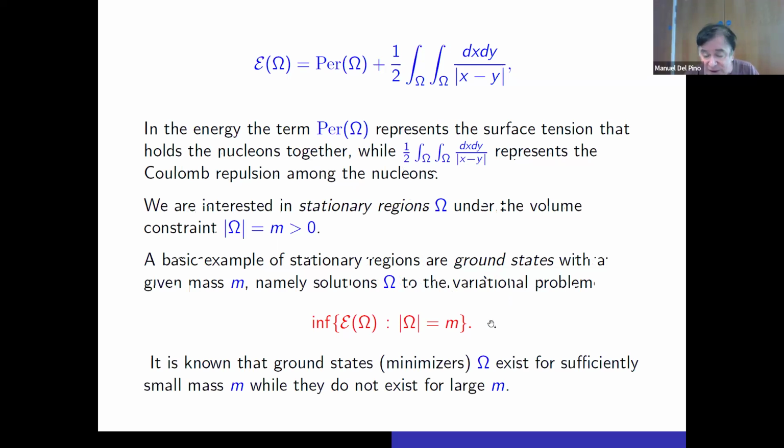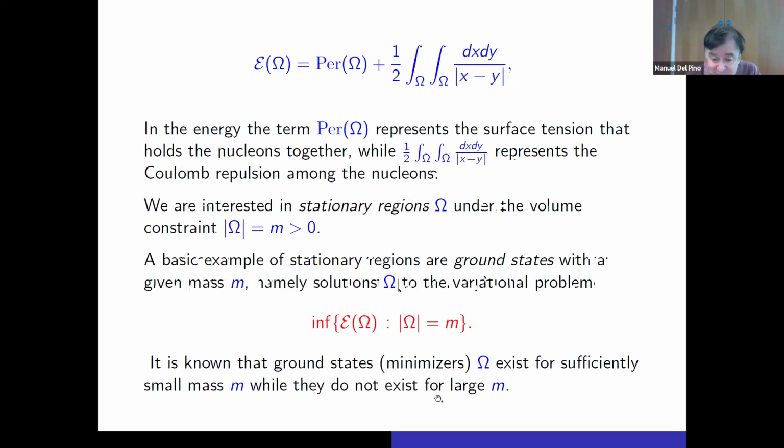Now, let me tell you what is known. I will make a certain historical review about the problem, which has very nice recent contributions too. It turns out, and I will try to give you an idea of why this is the case, that when the mass is sufficiently small, then there are minimizers of this object.